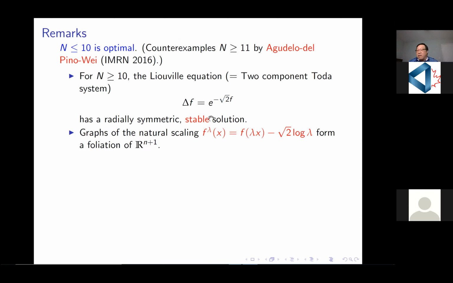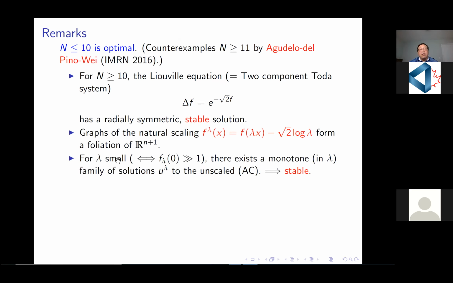And you can write down this stable solution. Then you can rescale the solution to the Toda equation by this scaling, and this forms a foliation of R^{n+1}.